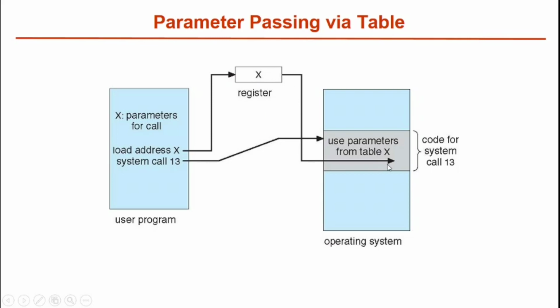What operation register x has to perform is carried out in system call 13. Here the user program calls the parameter x, and it loads the address of x at this location. The operation to be performed is called in the operating system and executed. This is how parameter passing works in the operating system with the help of registers.